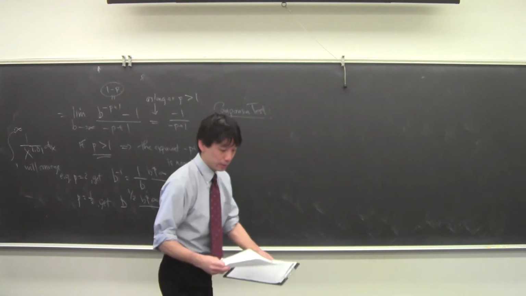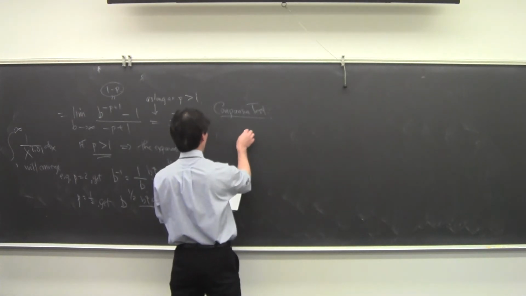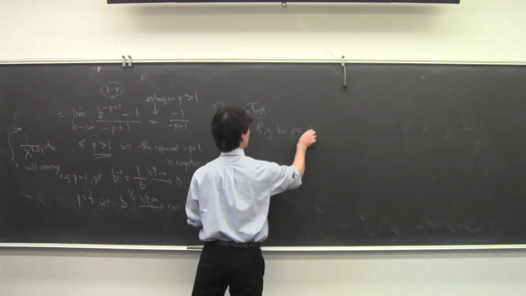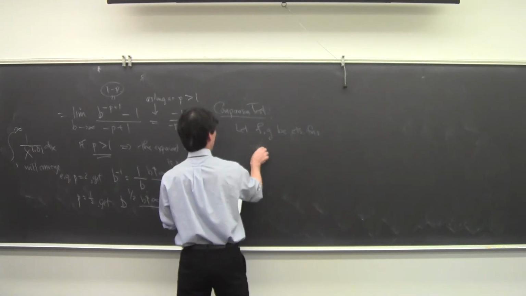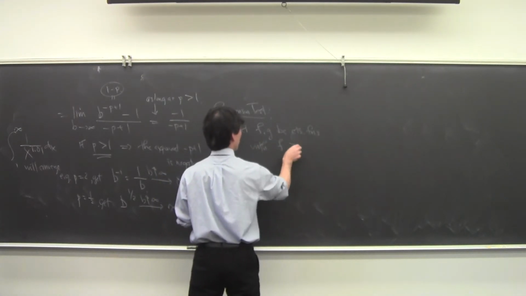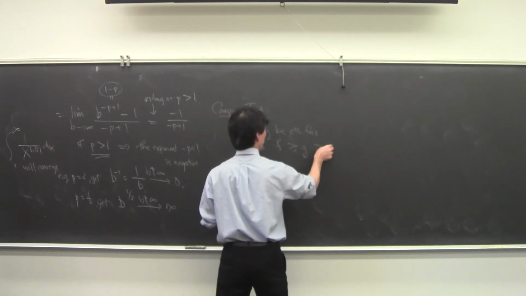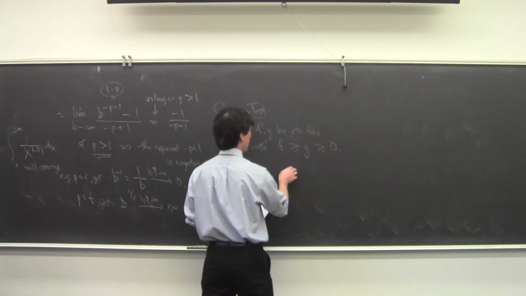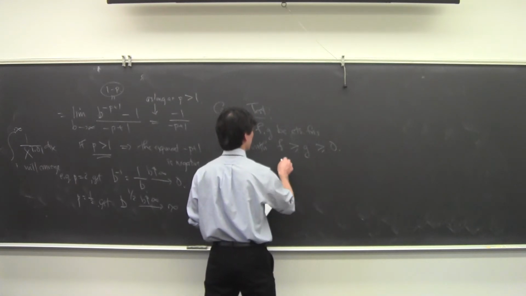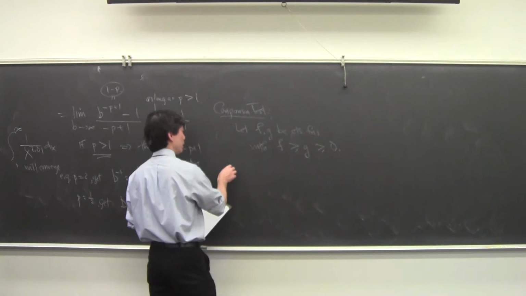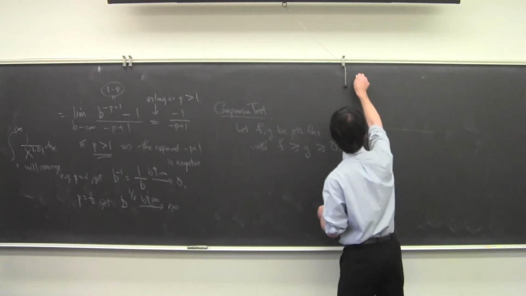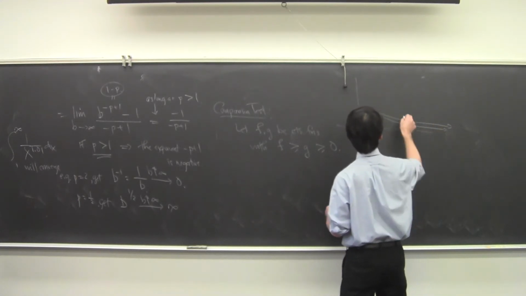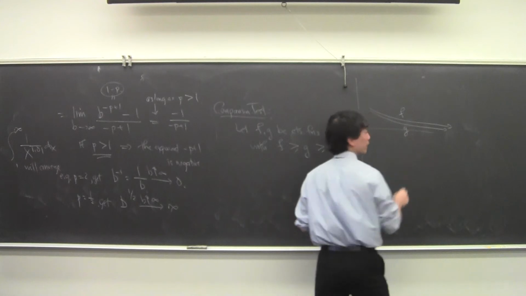This says that if you have two functions, let f and g be continuous functions with f bigger than g bigger than 0. The picture is that you've got one function and another function, and they're both positive, but one is bigger than the other.